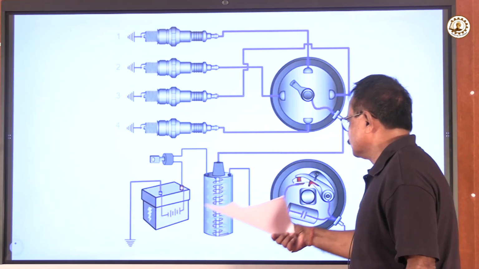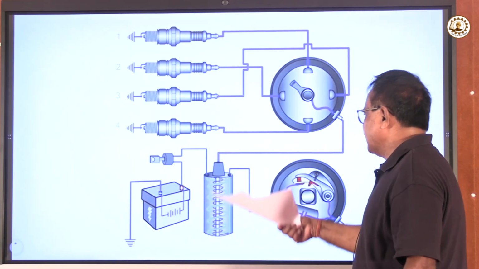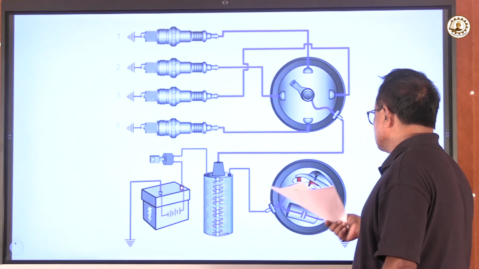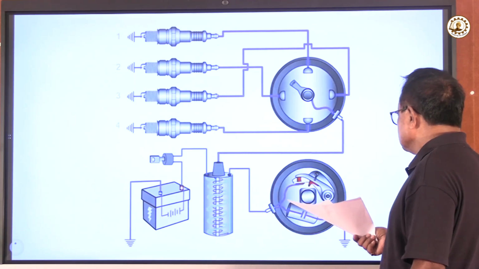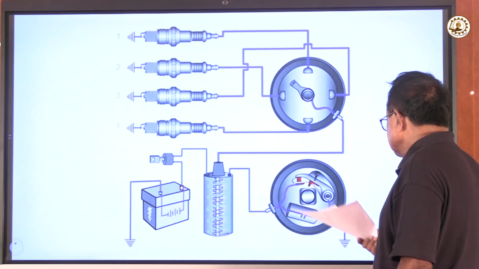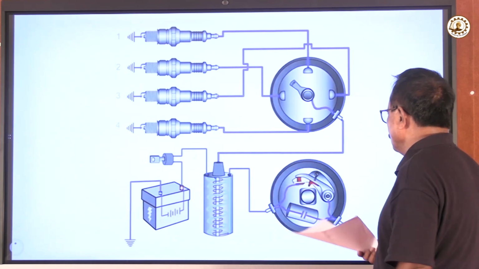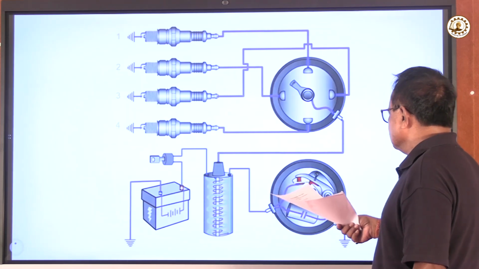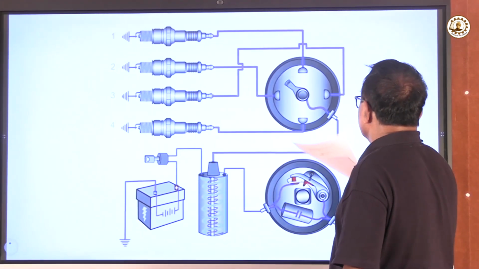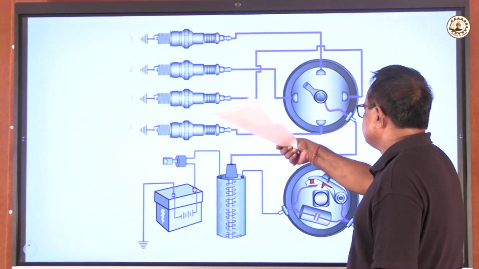Then one ignition coil, which has two coils, one primary, another secondary. First the current comes to the primary and goes to the cutout. When the primary line is cut off, one condenser is given so that back movement does not go. Then finally, when it cuts out, the secondary coil generates 22,000 volt, which is required to make a spark in any cylinder.